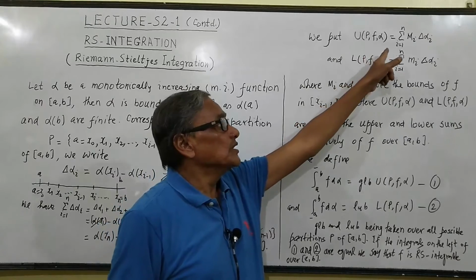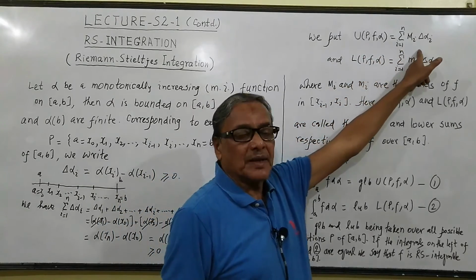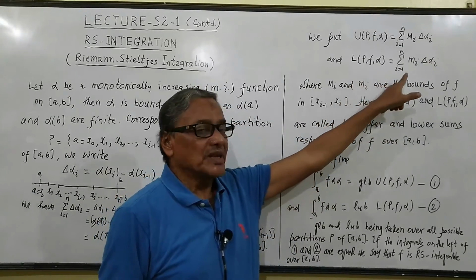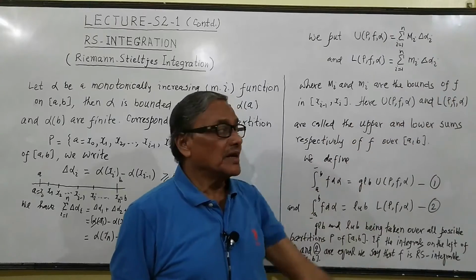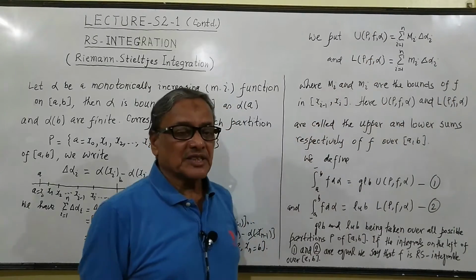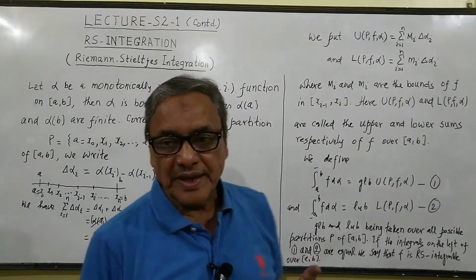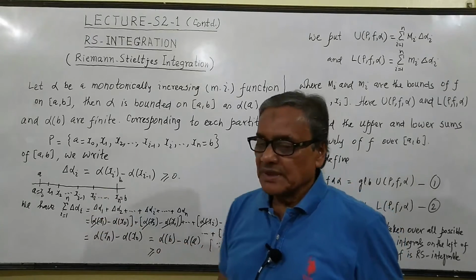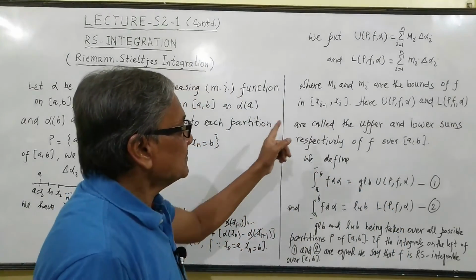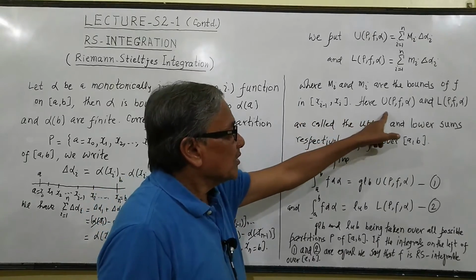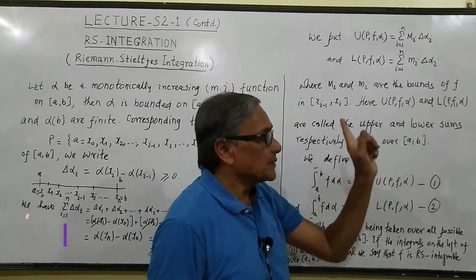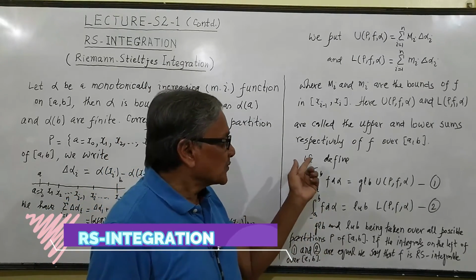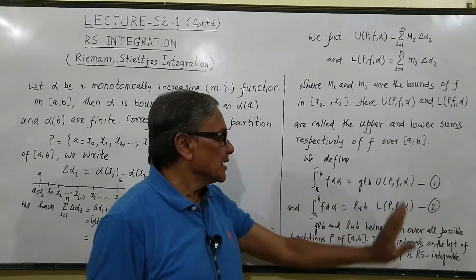We put U(P, f, alpha) equal to sigma capital Mi delta alpha i, and L(P, f, alpha) equal to sigma small mi delta alpha i, where capital Mi and small mi are the bounds of f in the subinterval [x(i-1), xi]. Here U(P, f, alpha) and L(P, f, alpha) are called the upper sum and the lower sum respectively of f over [a, b].